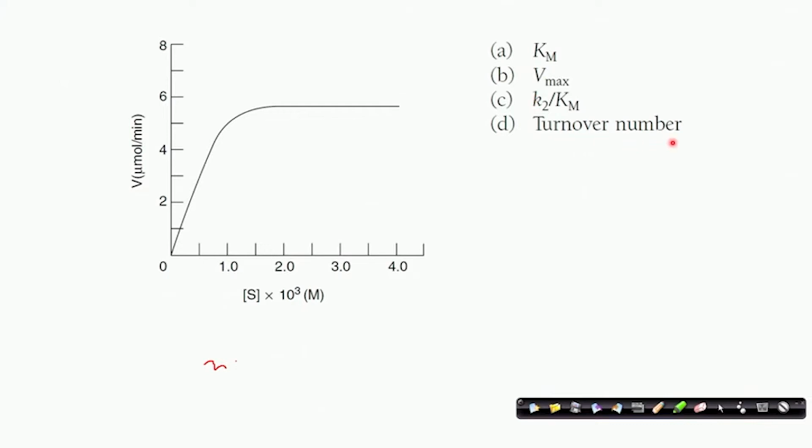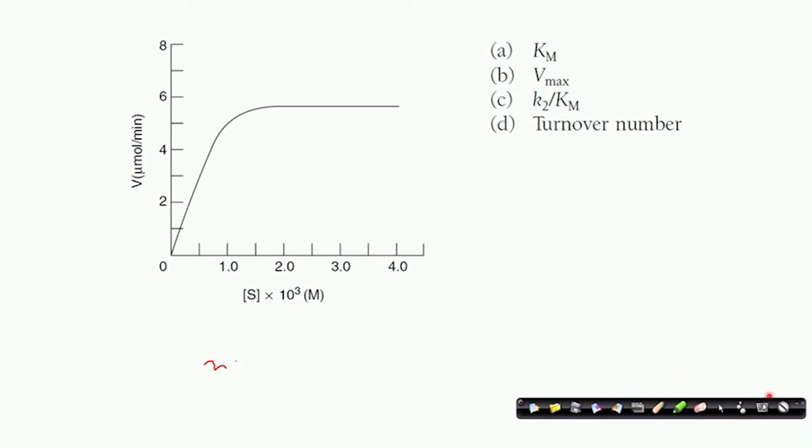So, let us go step by step. The first thing to calculate is Km. Now, Km can be defined in two ways. One, it is a measure of the dissociation constant of the enzyme substrate complex into E plus substrate. It is also the concentration needed to reach half of Vmax.